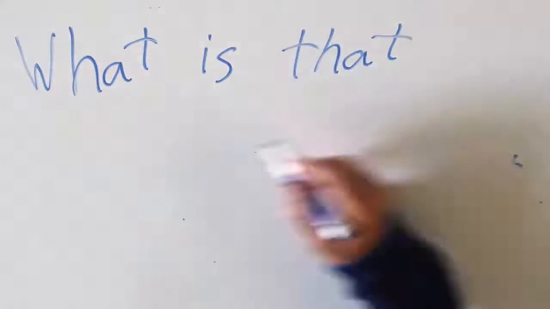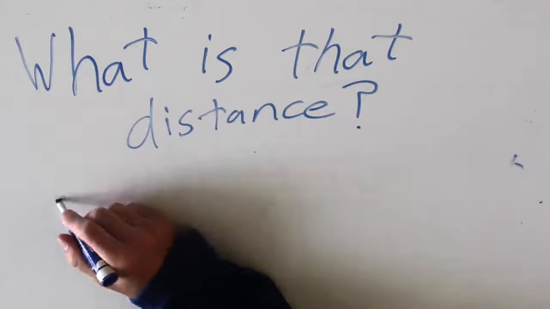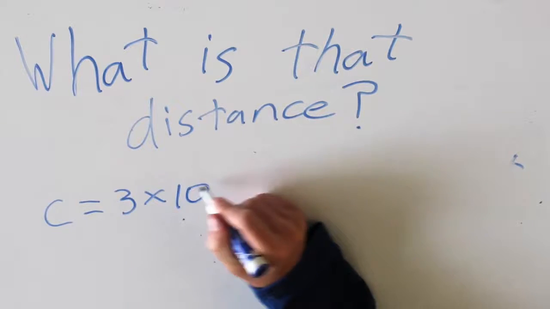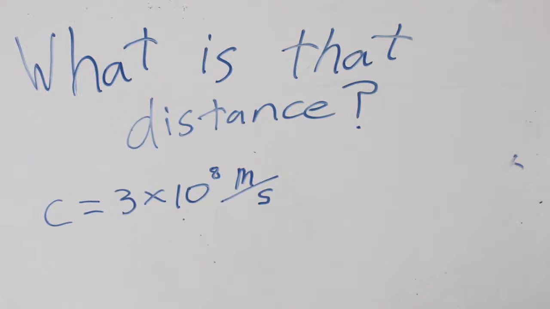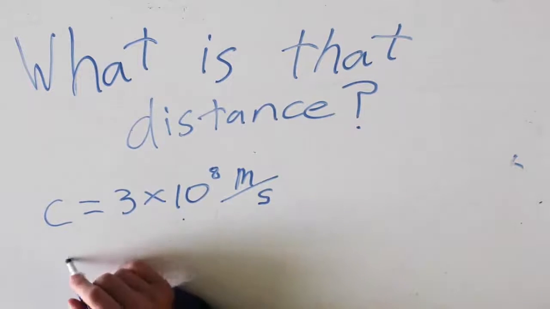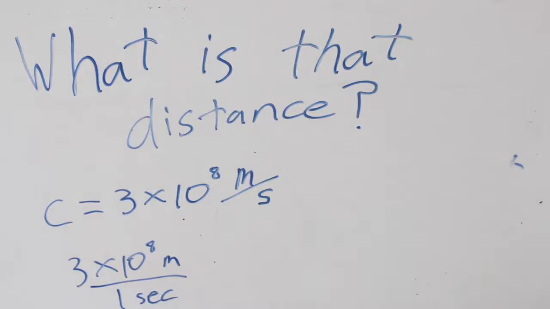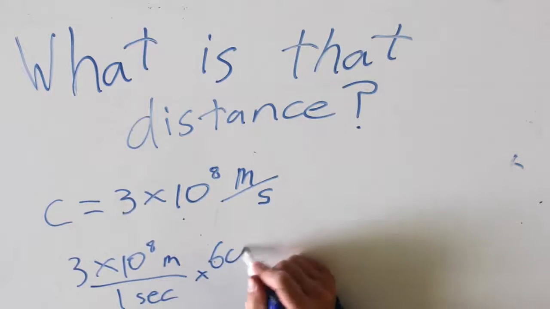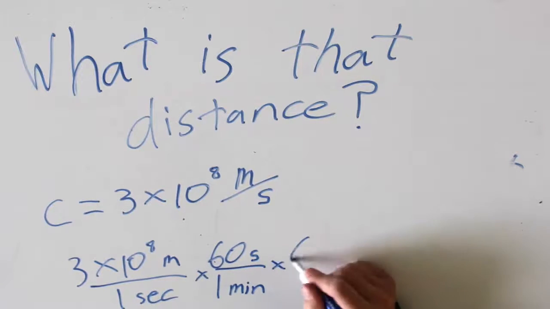So let's try to find how far that is in meters. Well, we know the speed of light, right? 3 times 10 to the 8th meters per second. So that means that light travels 3 times 10 to the 8th meters every single second. So let's try to convert that into years. Well, we know that there are 60 seconds in a minute, so we can multiply that by 60 seconds to get how many meters it goes in a minute.